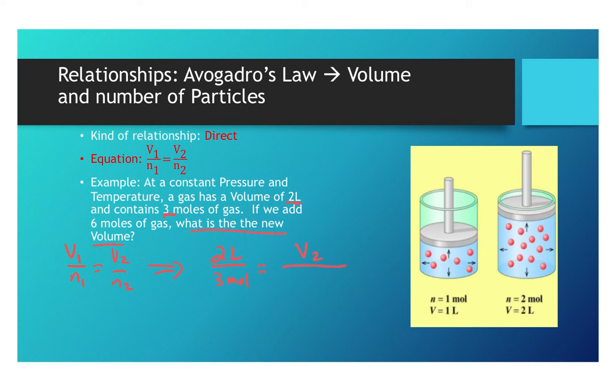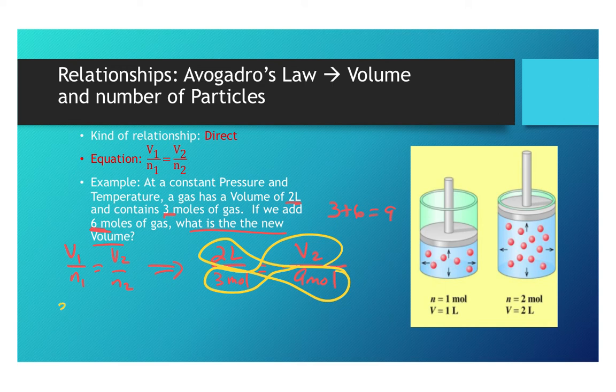So that becomes V2. And if we add 6 moles of gas, oh, they're trying to trick us a little bit. If I had 3 moles and I add 6 moles, that gives me 9 moles. So I add 6 moles of gas, giving me 9 moles, and this is what I'm left with. Now we can, just as we have been, cross multiply and divide.